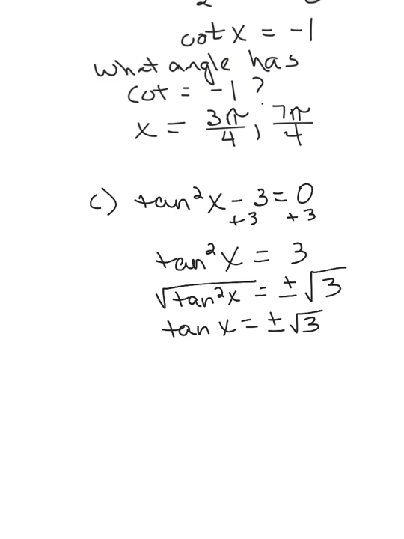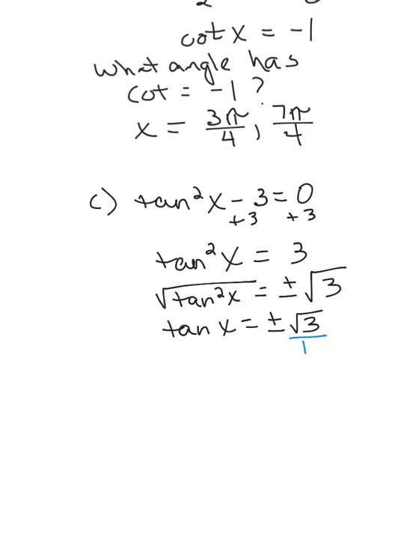So we want to find the angles where the tangent, putting y over x, will give us the square root of 3. Or if you want to think of it that way, you can remember that that equals the square root of 3 over 1. If we think about the fact that we want the plus and the negative, that means every quadrant will have a tangent value that is the square root of 3.